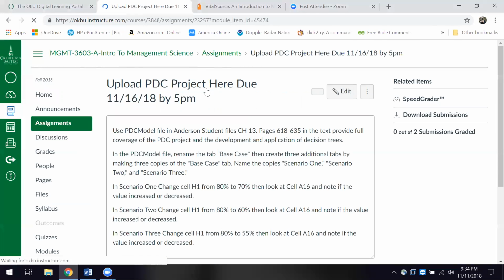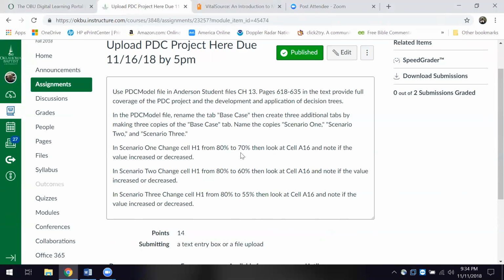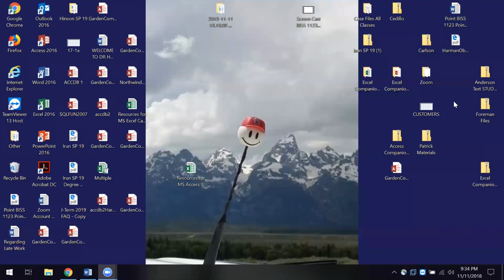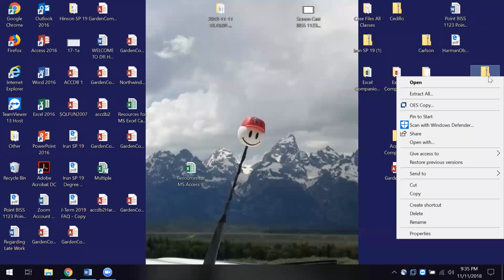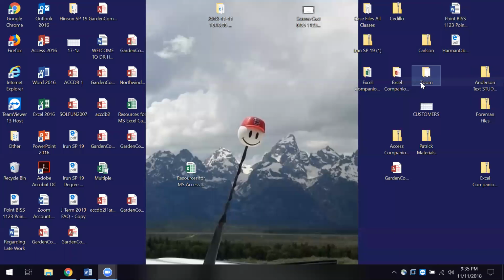I'm going to open this up for just a moment here, and it asks us to get the PDC file out of the Anderson files for chapter 13. So I'm going to diminish this for just a moment, and I've got my Anderson files. I can open it up.